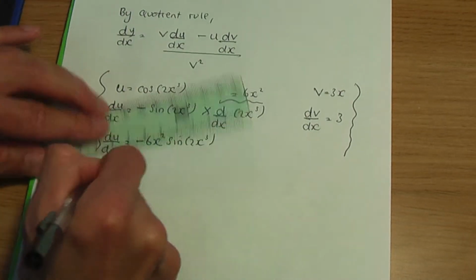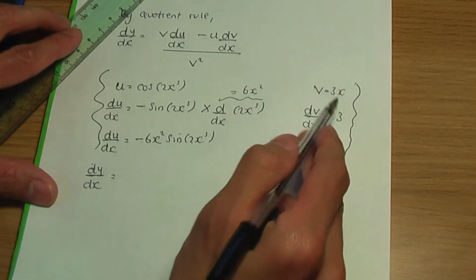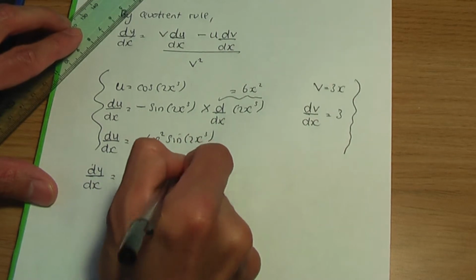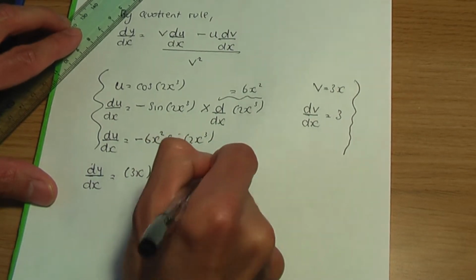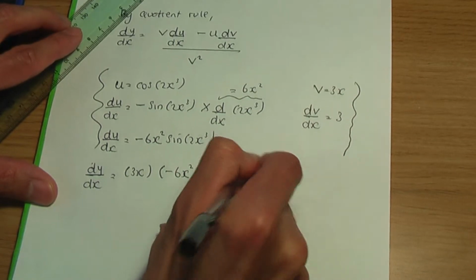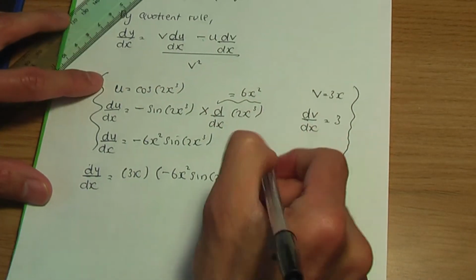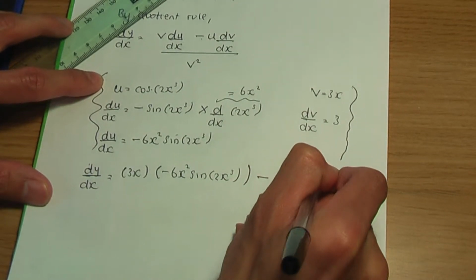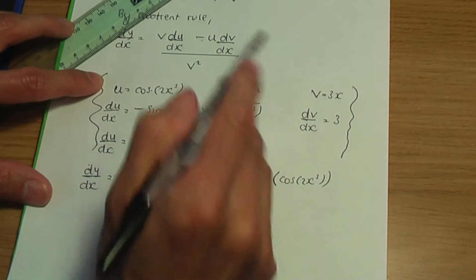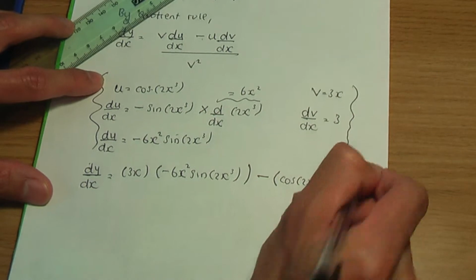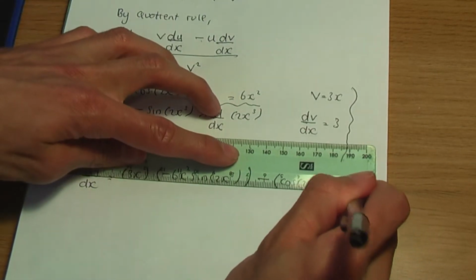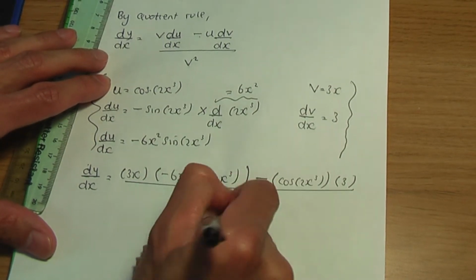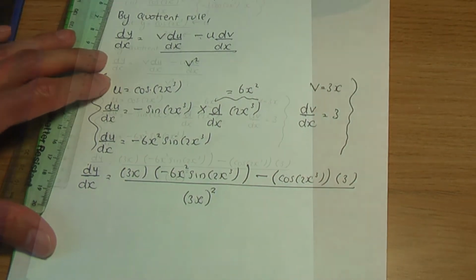So dy over dx, that being v, is 3x, multiplied by du over dx, which is minus 6x squared sine 2x cubed, minus u, which is cos 2x cubed, times dv over dx, that being 3, all divided by v squared, don't forget, so 3x squared.